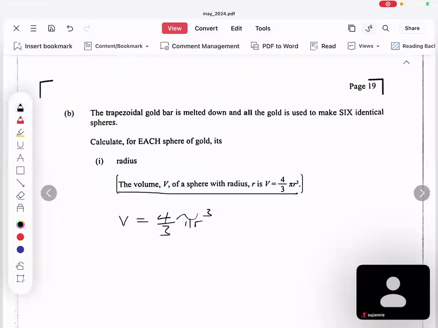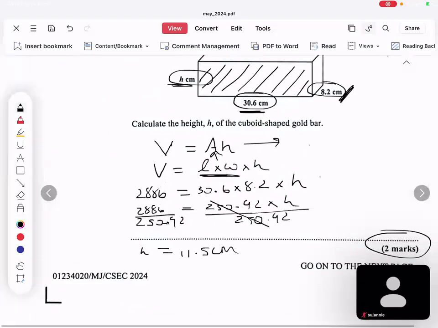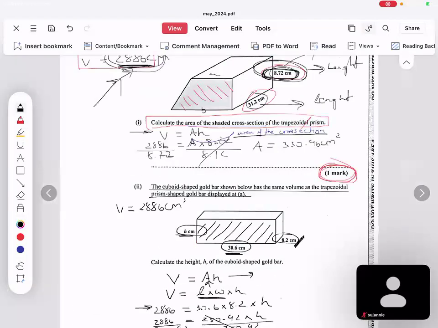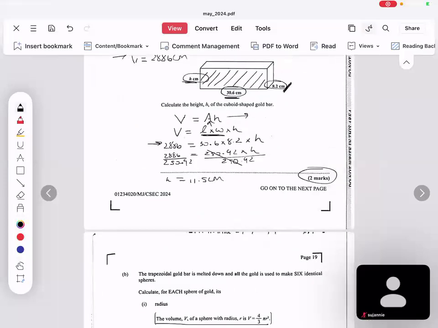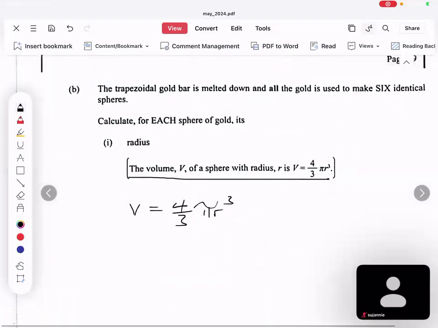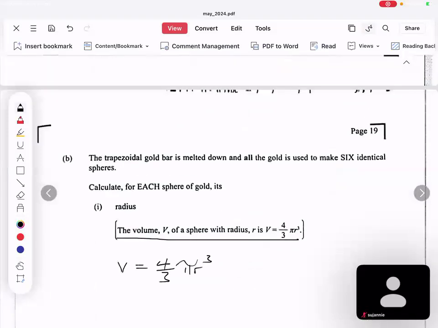Now, careful, because you see how long we've been using V. We used V here as 2886, and we use V again down here. So sometimes we use V, and I wouldn't blame you if you go over here and use 2886. We know what the key to this is? The trapezoidal gold bar was melted into 6 identical spheres.